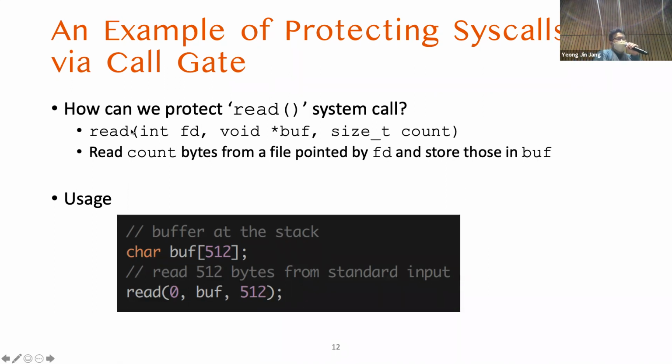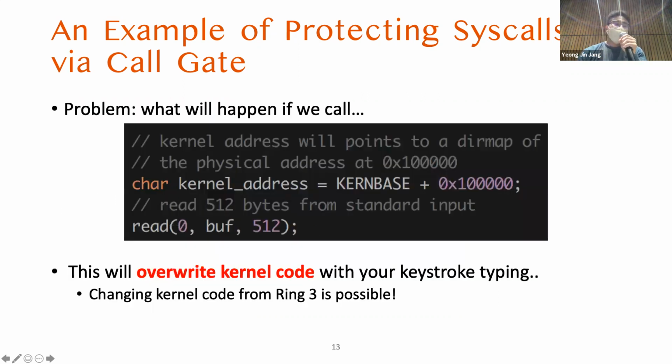For example, if we invoke it with file descriptor, buffer, and count, then it will accept up to 512 characters from the console and then put the data at this buffer address. In this case, there's no problem, because it's user space data, and it will accept the data into user space. So that's all okay.